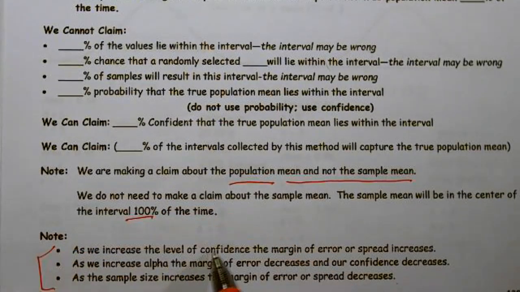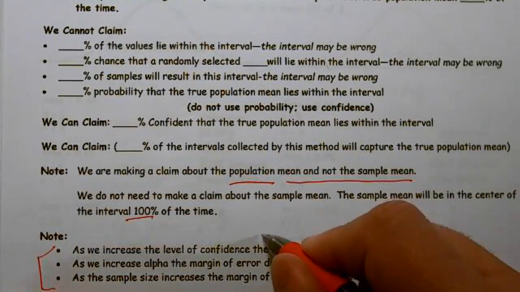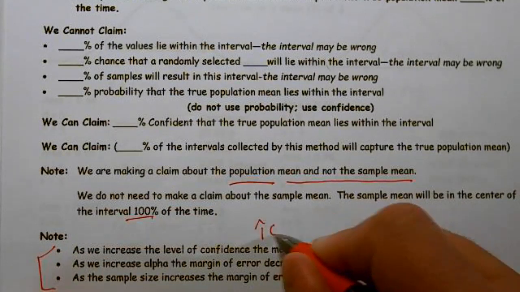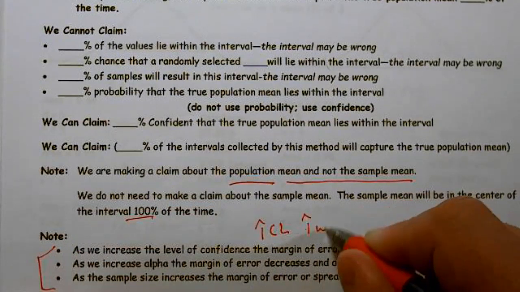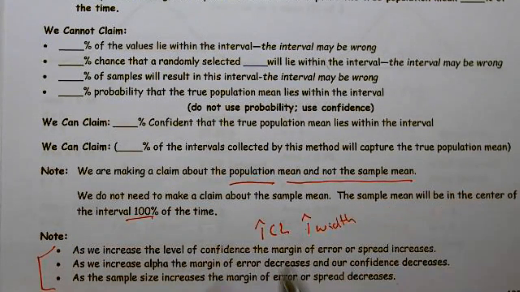As we increase the confidence level, the margin of error or spread increases. How about this? As we increase the confidence level, the width of the interval goes up.